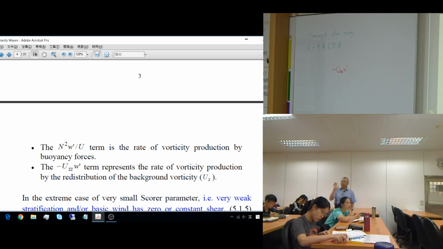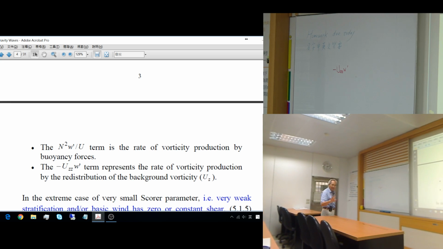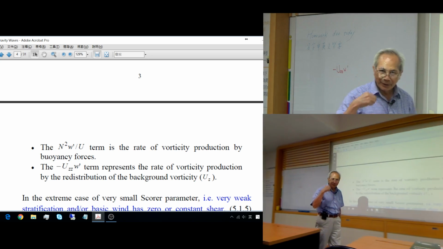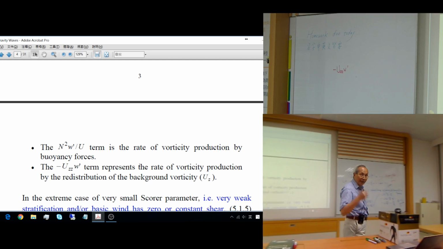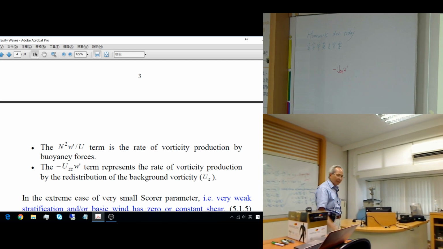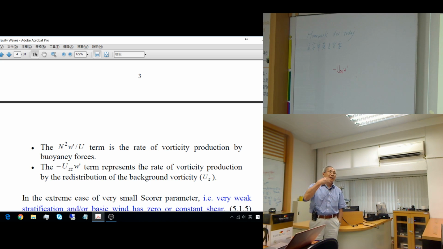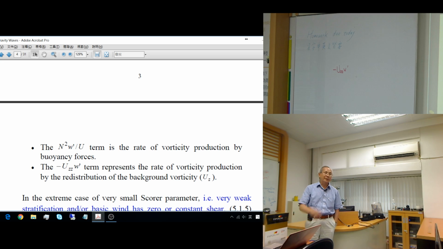When you look at an equation, you have to try to make friends with the equation and interpret it. Once you understand it, you have a very deep understanding of the equations, and that gives you a lot of physical meaning and helps you understand the mechanism. So how do you interpret that?